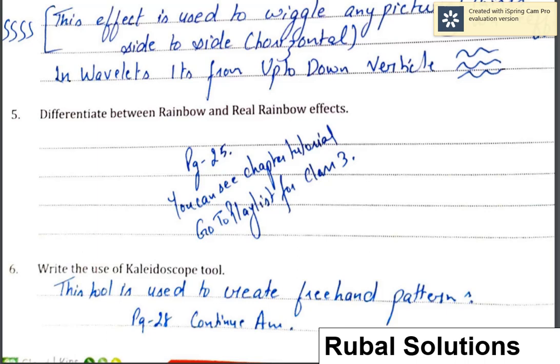This tool is used to create freehand patterns. I have not written all this here because it's a big answer and moreover you have to read the book for more details. For book reading and for knowing the explanation, please go to the playlist of Class 3 books.